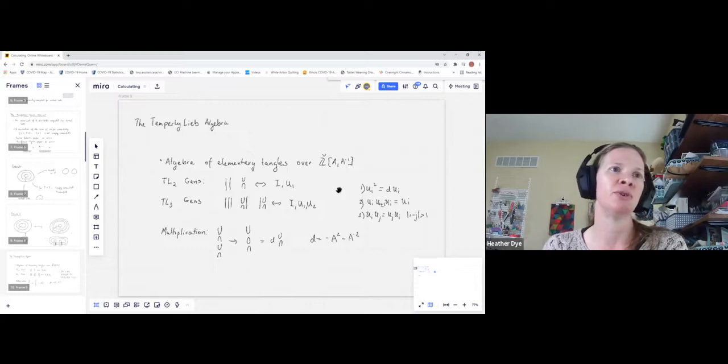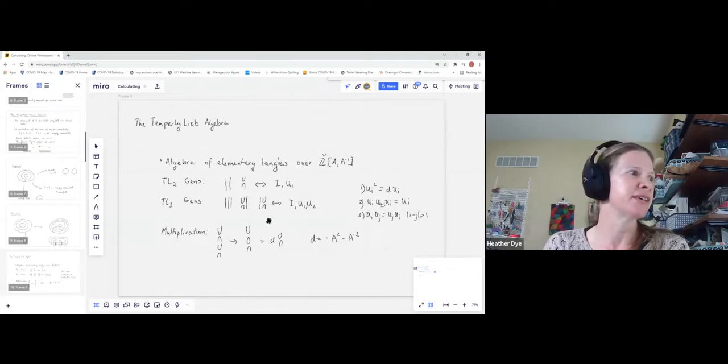Similar to the braid group, we have some relations on our generators, namely that Ui squared is d times Ui. I think of this as being like an R3 move type relation. And this one allows us to swap the position of Ui and Uj if they're sufficiently far away in the braid.